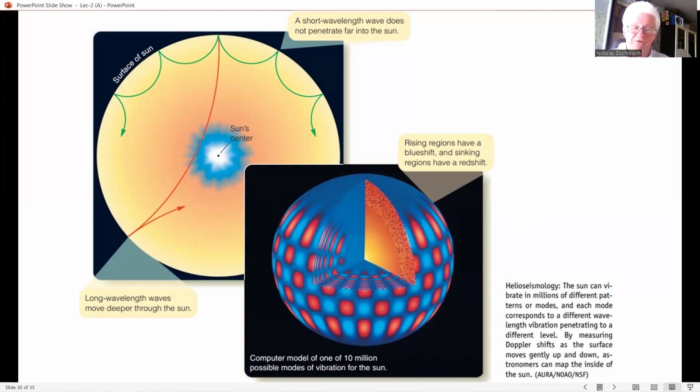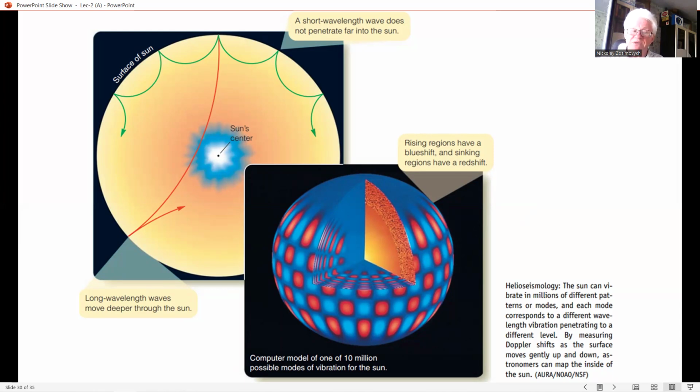This covers the surface of the Sun with a pattern of rising and falling regions that can be mapped using the Doppler effect, like in this slide. By observing this motion, astronomers can determine which vibrations resonate and become stronger and which become weaker.